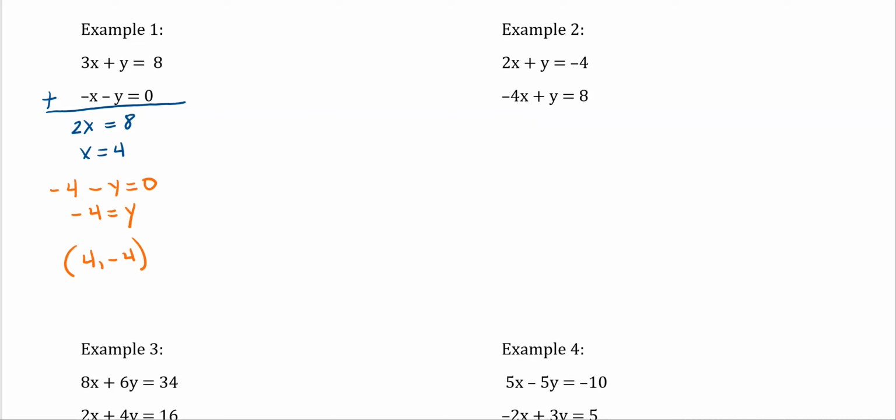Example number 2, you'll notice that the y's both have a 1 for a coefficient, but they are not opposite. So we can multiply one of the equations by -1. I'm going to choose to multiply the first equation by -1.